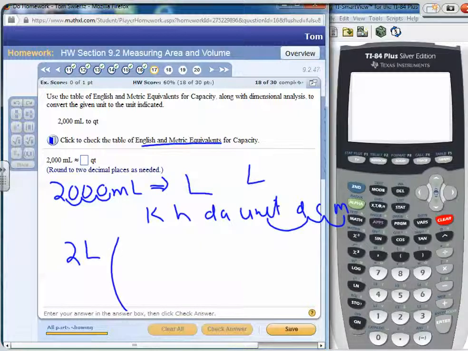And now we want to get quarts, and we want to cancel liters, and there's 0.95 liters for every 1 quart. So we're going to take 2 and divide by 0.95 because it's in the denominator. 2 divided by 0.95 will give us the number of quarts.